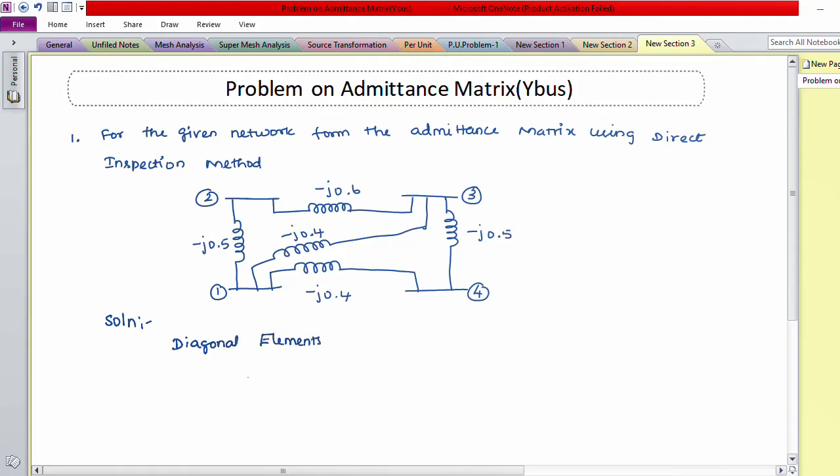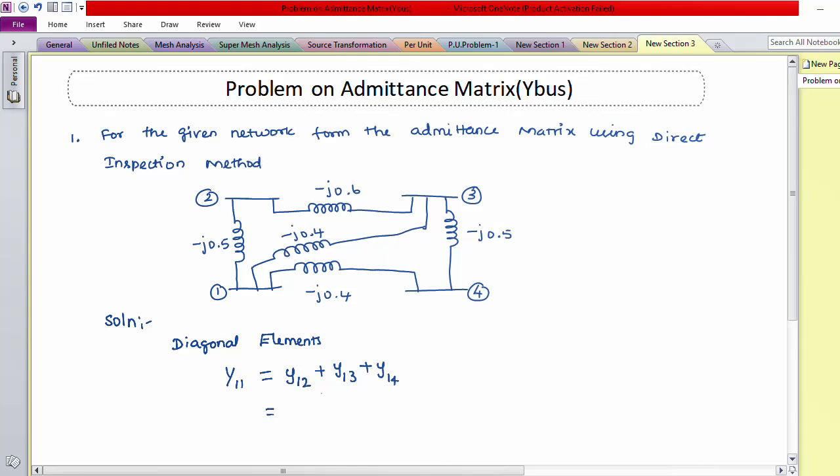Diagonal elements, y11. For the diagonal elements, we have to consider all the lines connected at bus number 1. At bus number 1, there are 3 lines connected, that is line 1 to 2, 1 to 3, 1 to 4. So we can write y12 plus y13 plus y14.